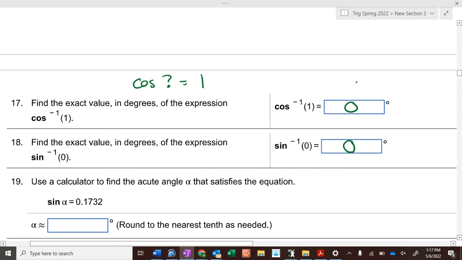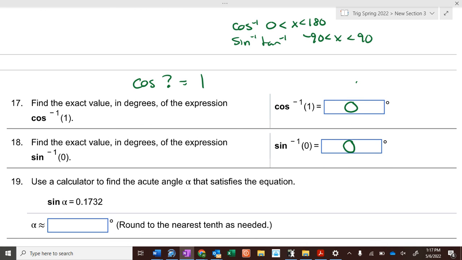And also 180. But remember, when we're talking cosine, we go from 0 to 180. When we're talking sine or tangent, when we're doing inverses, we go from negative 90 degrees to 90 degrees. So we never get over to 180 for that. All right.